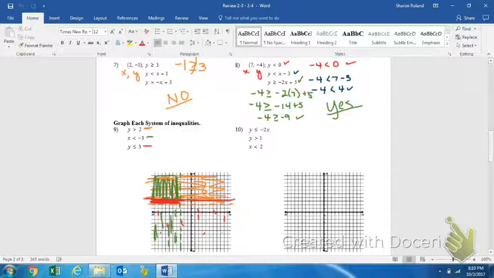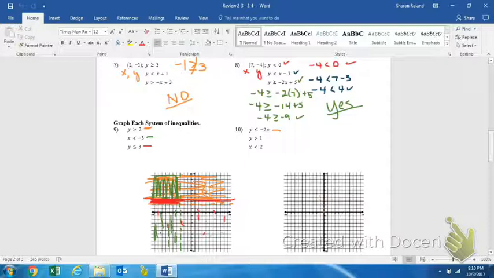Alright, on number 10, we're going to start with the first one, and we're going to start it in orange. And we begin at the y-intercept, which is 0. And we're going to go up to the left 1, up to the left 1. You can barely see these dots.